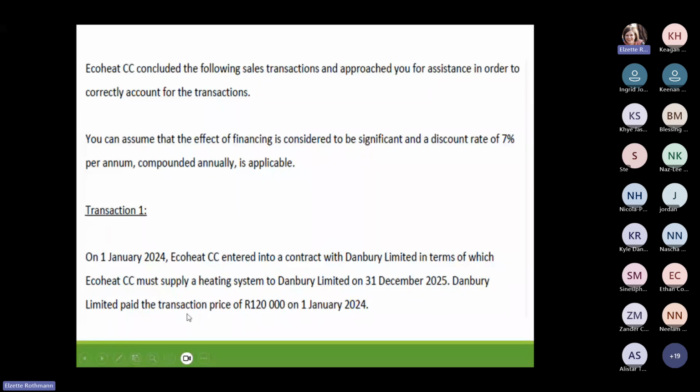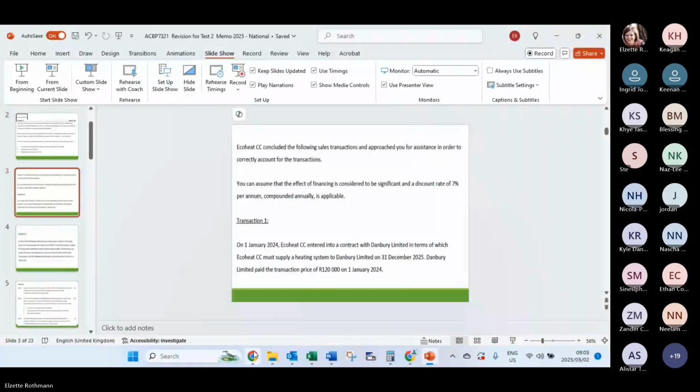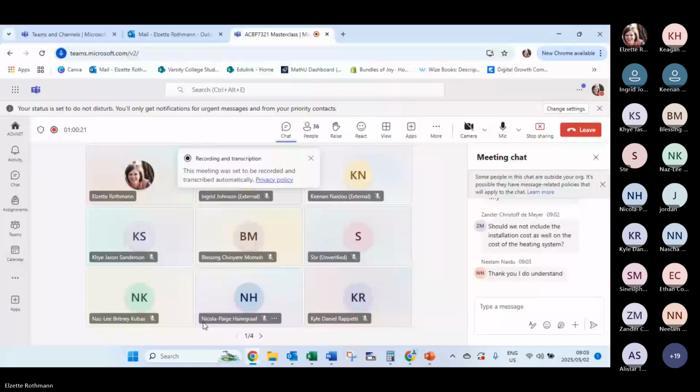So if they give us the transaction price, that's for the full transaction, including everything that should be in there already. Okay, any other questions before we look at transaction 2?